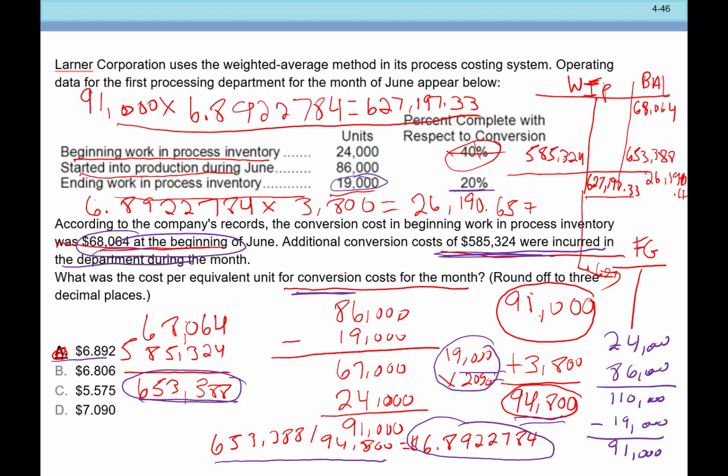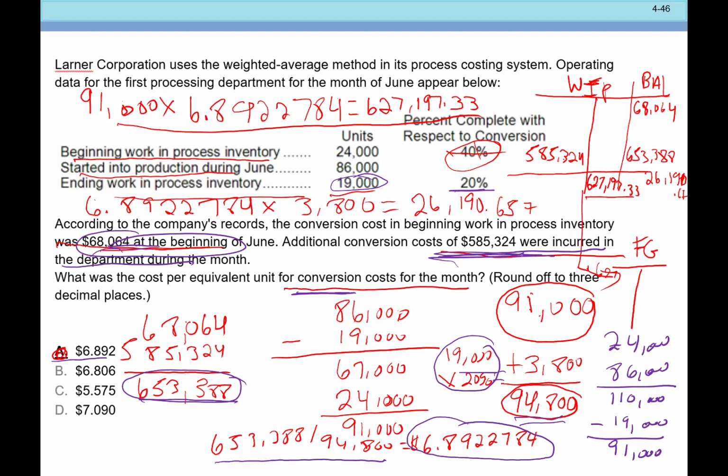Do you understand how we got the equivalent units? Do you understand that we gathered the cost from the beginning inventory and the cost added for the period?